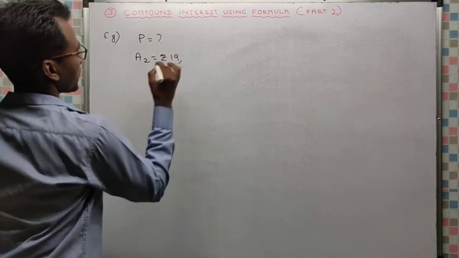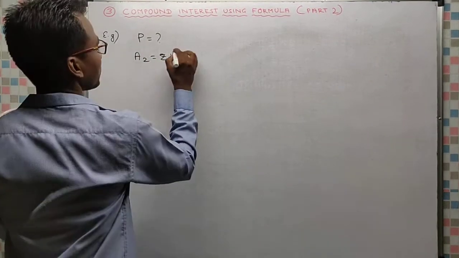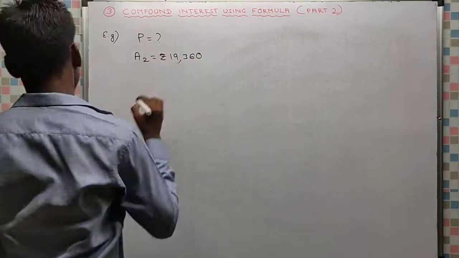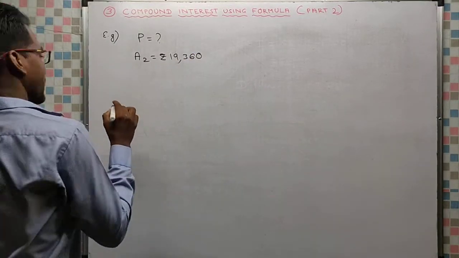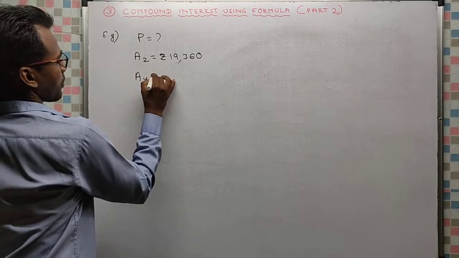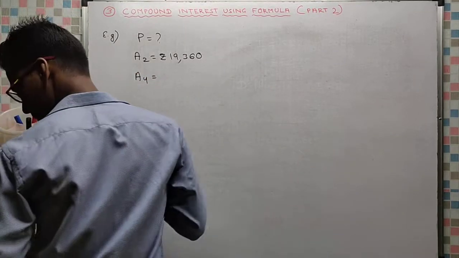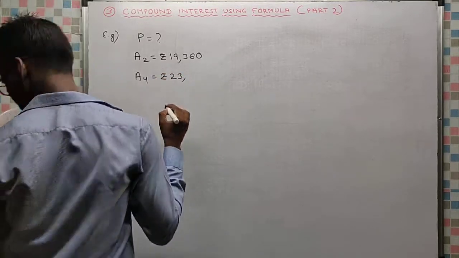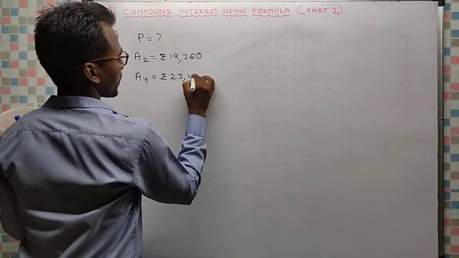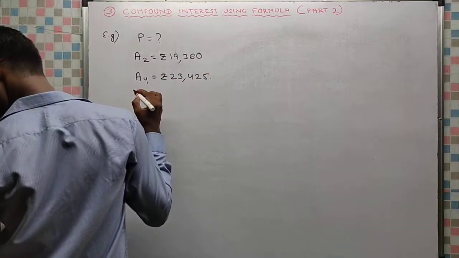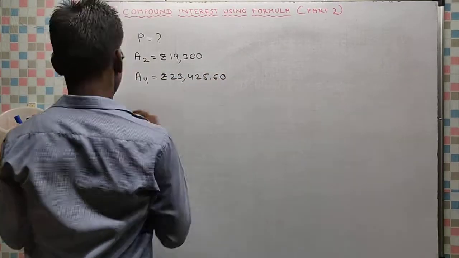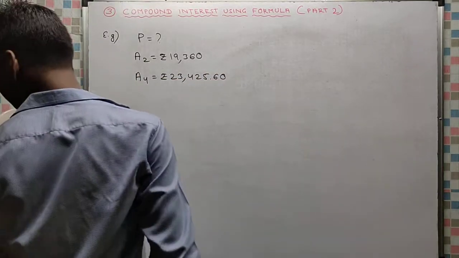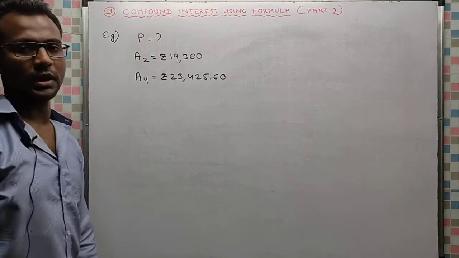The amount at the end of 4th year is also given, that is rupees 23,425.60. Find the rate of interest and the original sum of money.